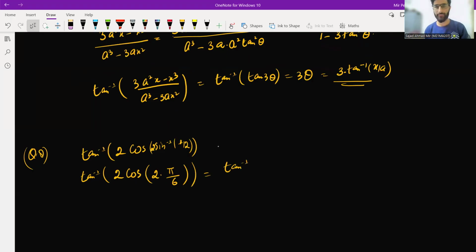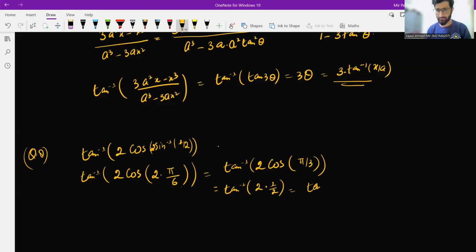Tan inverse of 2 times cos of pi by 3. This is equal to tan inverse of 2 times cos of pi by 3, which is 1 by 2.